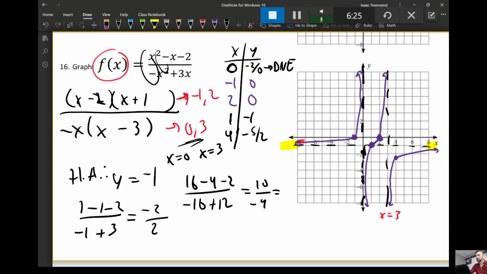The other thing I would say, I've kind of mentioned this in the past, but let's say I did find this point. If you thought it turned around for some reason and did this, if it's going up on the right side, it's going down on the left side. But then if you know it's supposed to go through this point, you start getting confused because how does it go through this point but then approach this line?